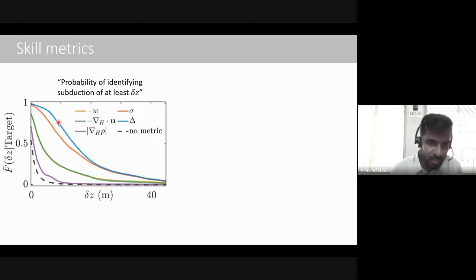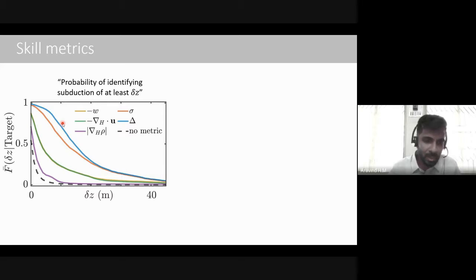If I draw a straight line upwards and look at the blue line, exactly where the laser pointer is, what I understand is that if I consider the dilation rate target zones, the probability of identifying subduction of at least 10 meters using the dilation rate target zones is around 75% or 0.75 or more.